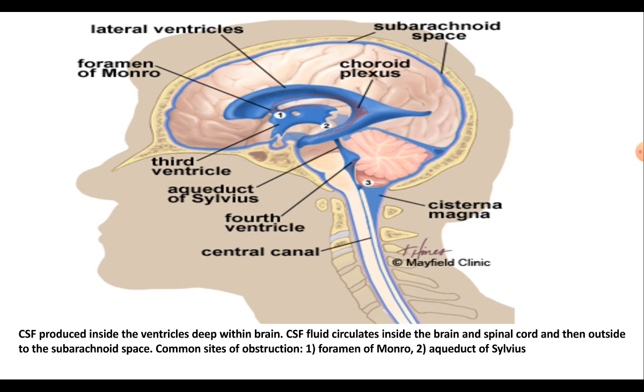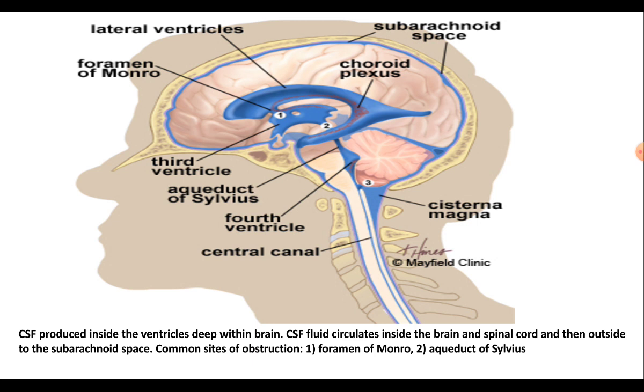The third ventricle, called the diocoele, is found in the diencephalon, where these two ventricles are connected by the foramen of Monro, whereas the third ventricle is connected with the fourth ventricle through a connection called the aqueduct of Sylvius. And this fourth ventricle continues as the central canal in the spinal cord.